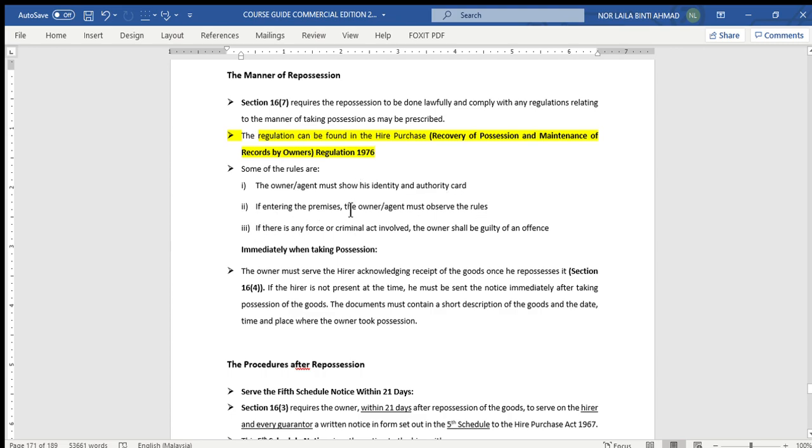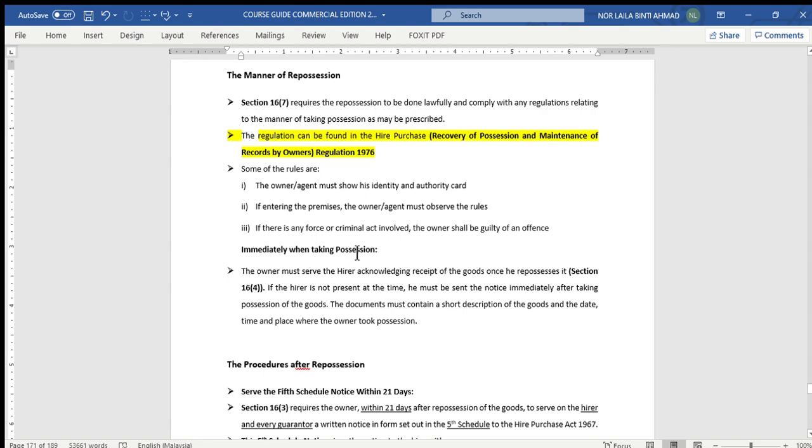If entering the premises, the owner or agent must observe the rules. If there is any force or criminal act involved, the owner shall be guilty of an offence. So the owner tak boleh simply pergi tarik saja kereta tu. He must show his own identity card, or if he uses any agent, show the agent's authority card.